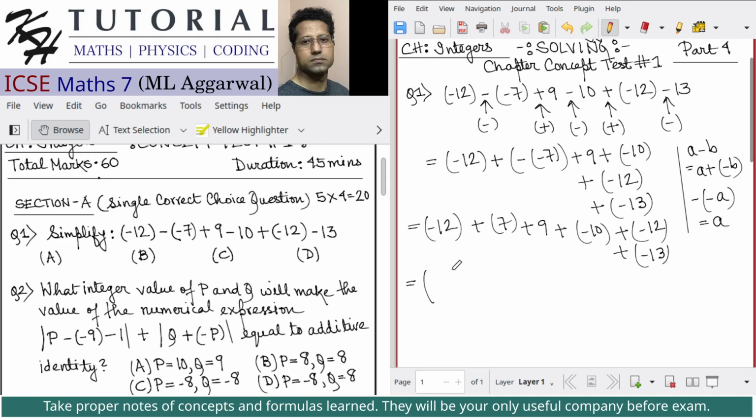If I first group all the positive integers, this will be 7 plus 9, because these are the only two positive integers and the rest are all negative integers. So let's group the negative integers in a separate bracket. We have minus 12 plus minus 10 plus minus 12 plus minus 13.